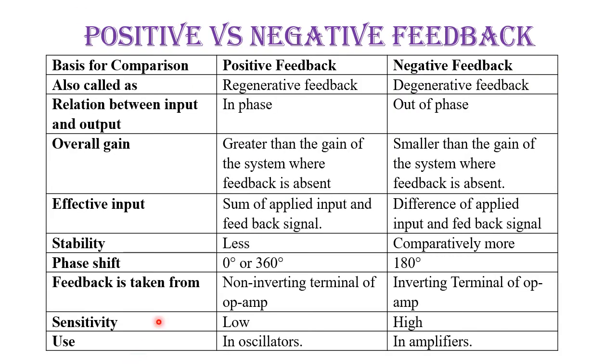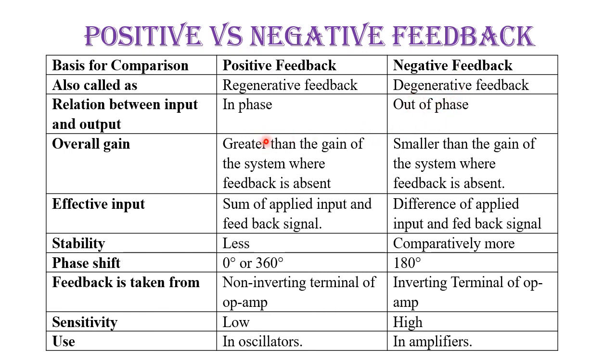So here is the comparison between positive feedback and negative feedback operational amplifier. So the positive feedback operational amplifier is also called as regenerative feedback, and the negative feedback operational amplifier is also called as degenerative feedback. Okay, and the relation between input and output is in phase in positive feedback and it is out of phase in negative feedback.